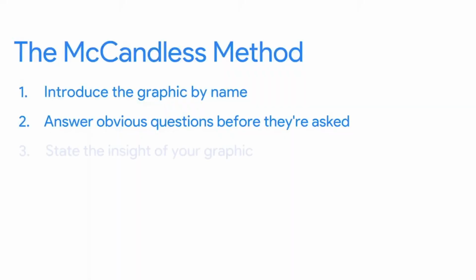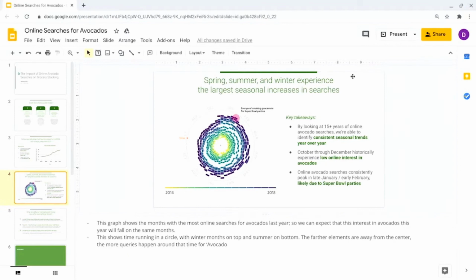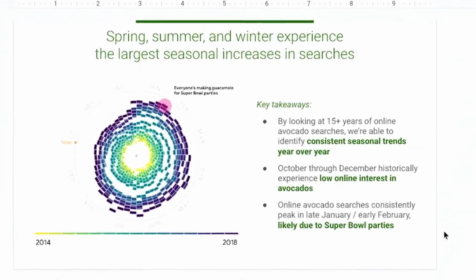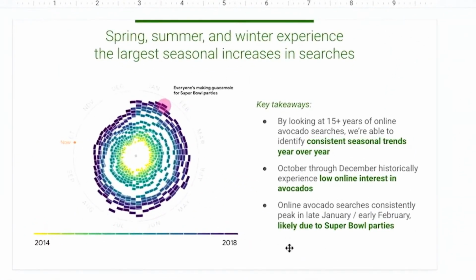Once you've answered any potential questions your audience might have, you'll want to state the insight your data viz provides. It's important to get everyone on the same page before you move into the supporting details. We can write in some key takeaways to this slide to help our audience understand the most important insights from the graphic. Here, we let the audience know that this data shows us a consistent seasonal trend year over year.